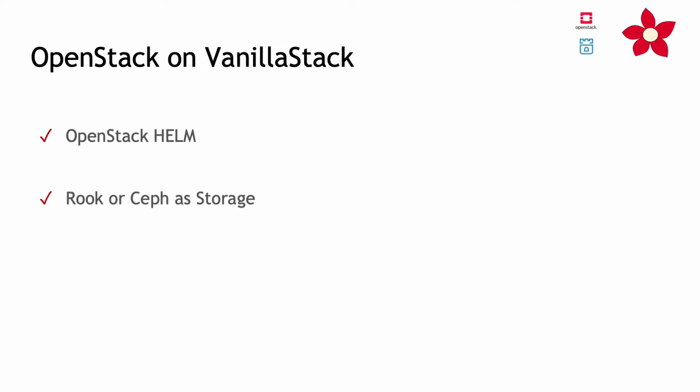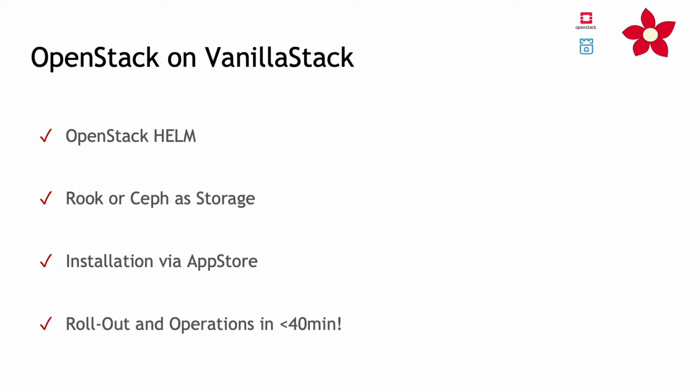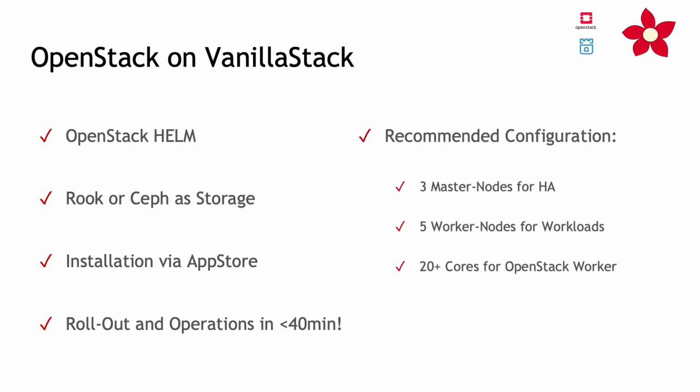We use OpenStack Helm. We manage everything in regards to storage. You can install it via the App Store, or you can use the installer as just shown. Rollout and operations in less than 40 minutes. Typically, we manage to do that within 30 minutes. We would recommend having something like 3 masters and 5 workers.